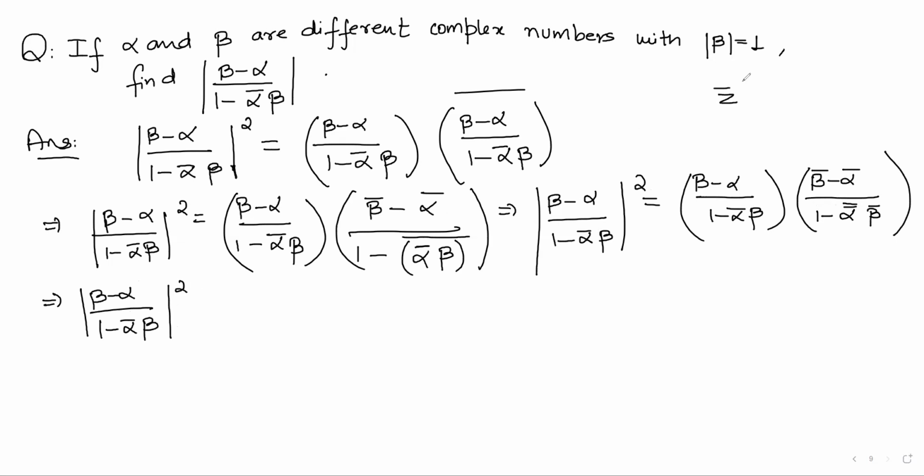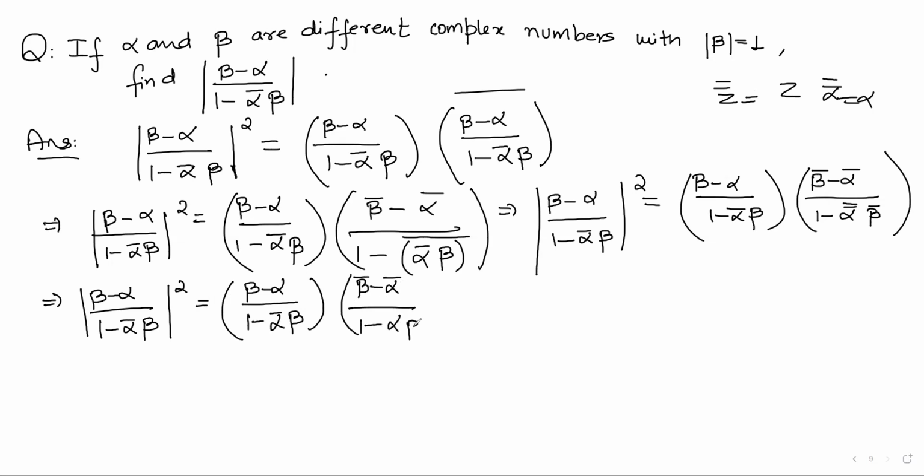Yes, so what is z z conjugate? It's z. So alpha alpha conjugate is again alpha. Okay. So this will give us 1 minus alpha conjugate beta, and this is beta conjugate minus alpha conjugate by 1 minus alpha into beta conjugate.